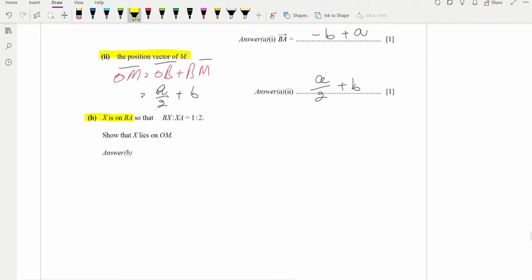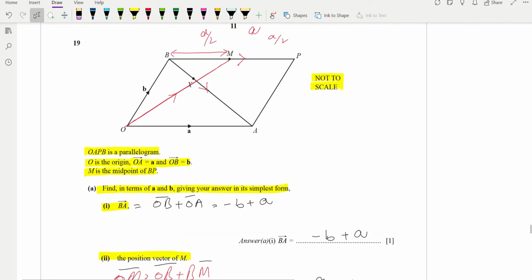Now third part, B part, basically X is on BA, so that BX ratio XA is 1:2. Show that X lies on OM. For that one, what we will do, we can split this one. This will be 1:2, so it's divided into 3 portions, so 1/3 and 2/3, and we can write down basically OX will be equal to OB plus BX.